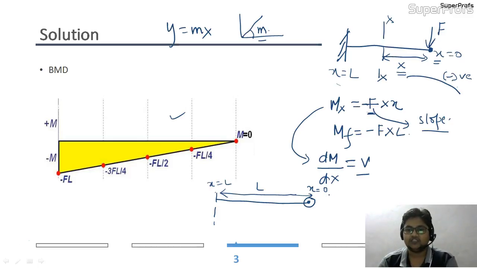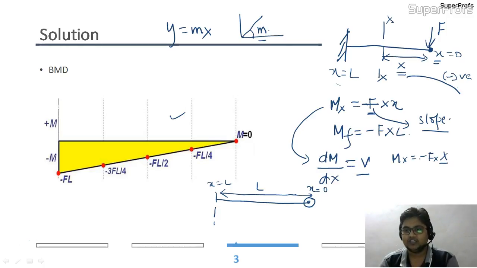I am writing my equation again: Mx equals minus F into x. If I put x equal to 0, then the moment is 0. So my diagram will start from here only.